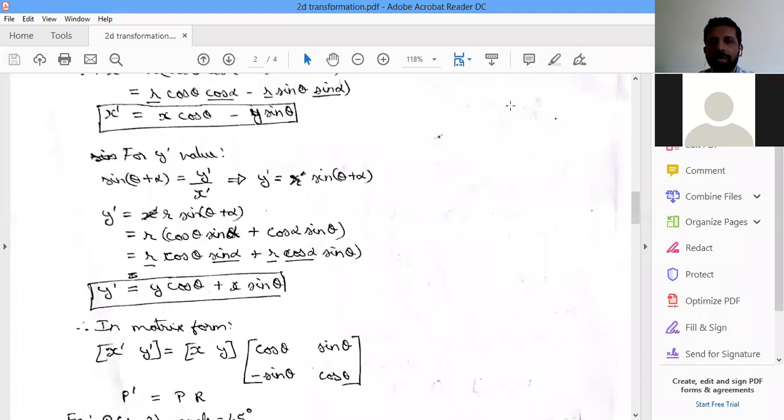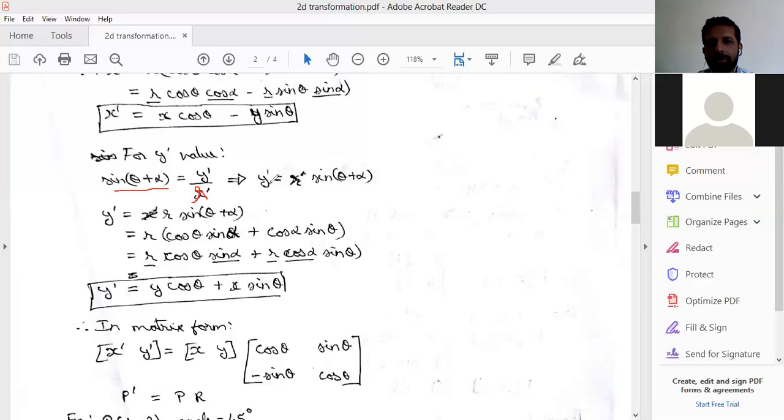Similarly, let us see how to find the y value. Here it is going to be sine of theta plus alpha, because we want to find the change in the y axis or the y coordinate. So it is y dash by r.